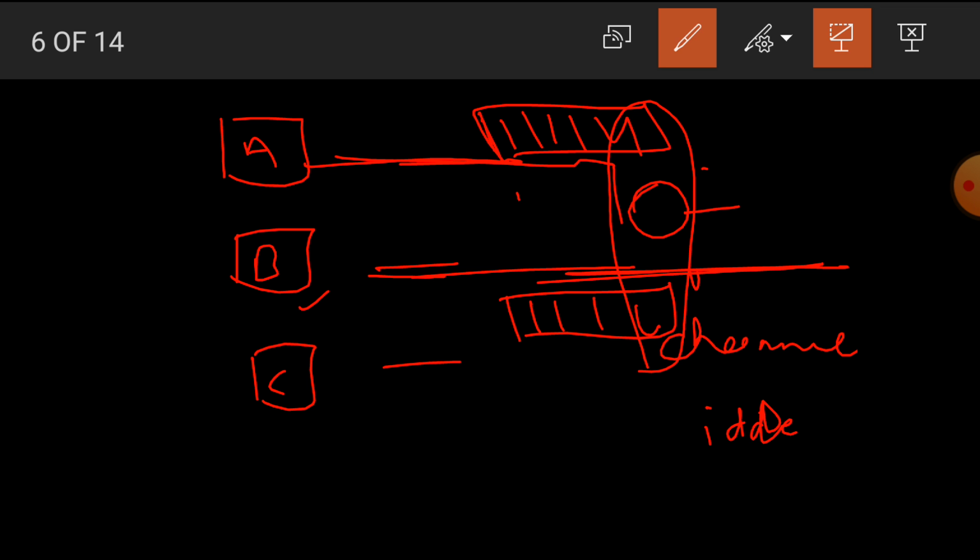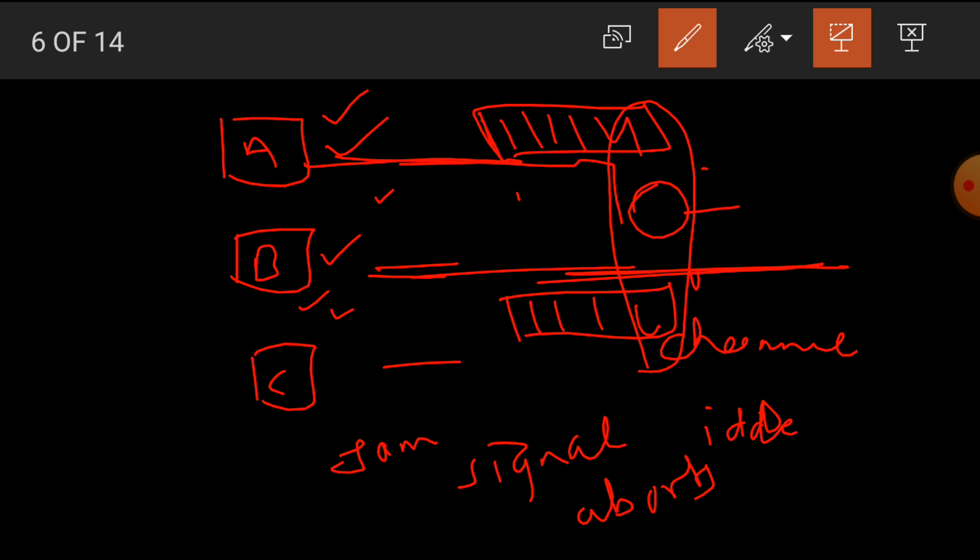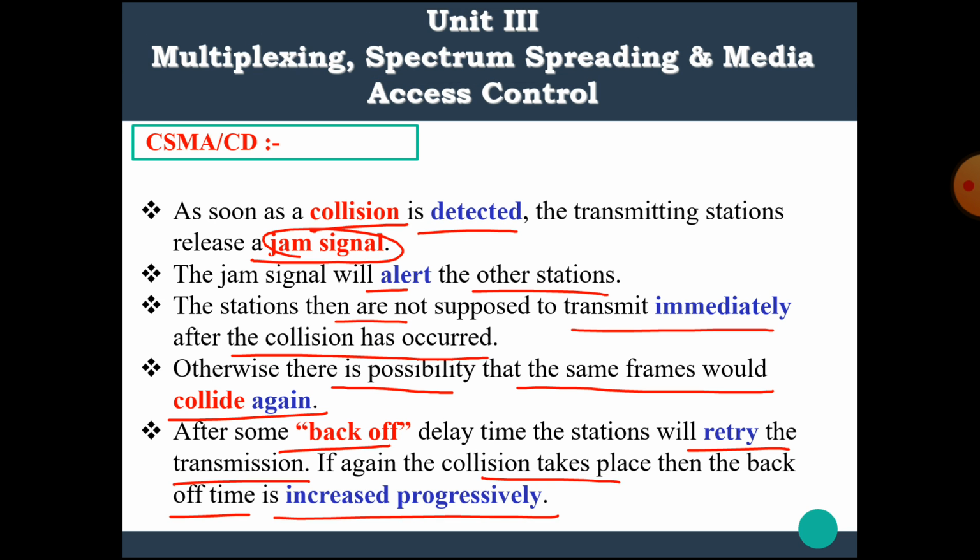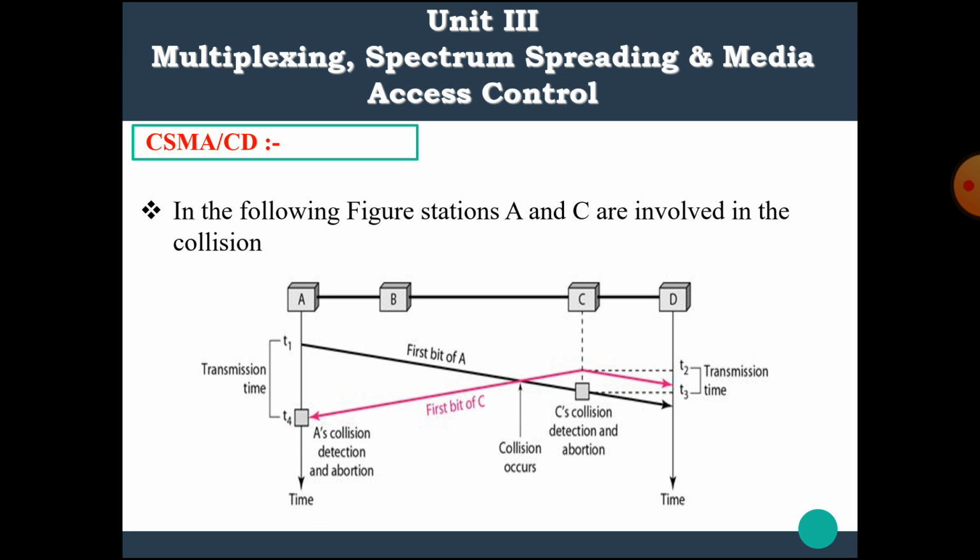As soon as the collision occurs, the station releases the jam signal. After the jam signal, station A knows that the other station also wants to transmit data. Similarly, station B knows that the other station also wants to transmit data. In this case, both station A and station B abort the transmission. This is what happens in the collision detection type of CSMA.